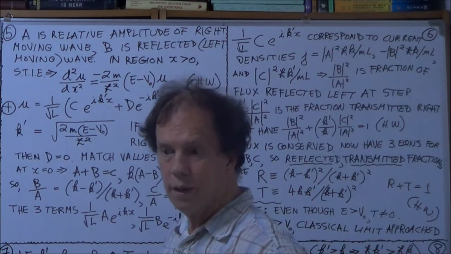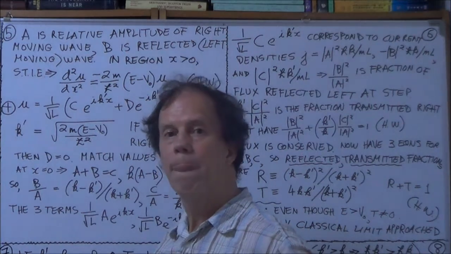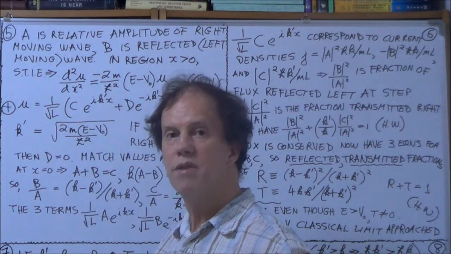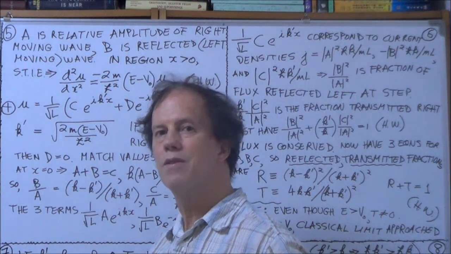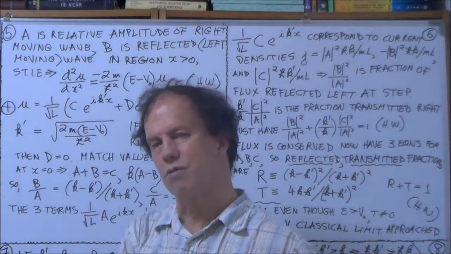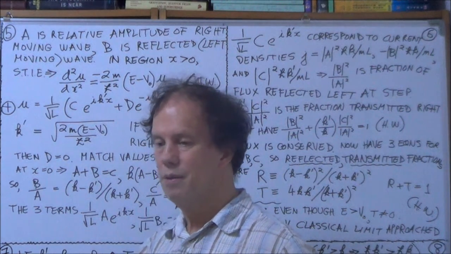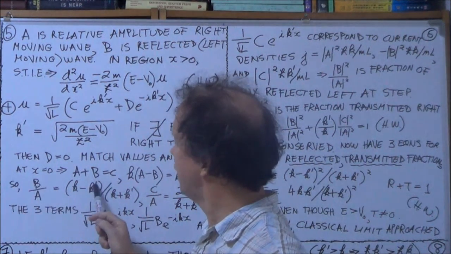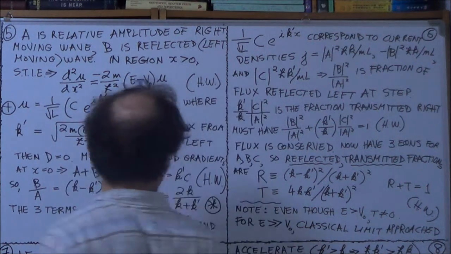And what does that mean if B is nothing? That means the reflected wave is essentially zero, so almost none of it gets bounced back, which intuitively seems to make sense. If the barrier is so tiny compared to the energy of the incoming wave, it just goes right over the barrier as though it's almost not there. So B would be zero, and that's a consequence of K dash being almost equal to K, which you get from here.